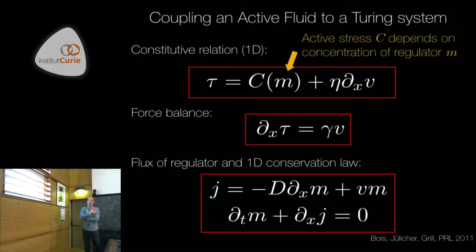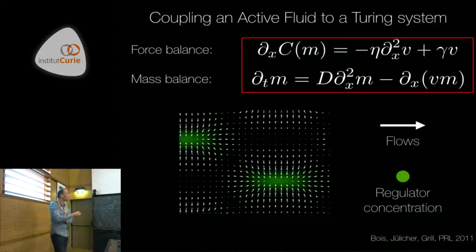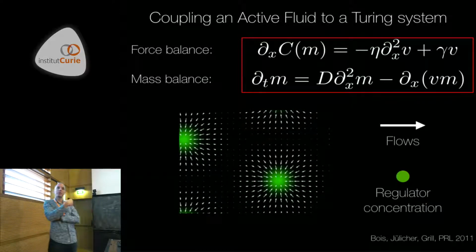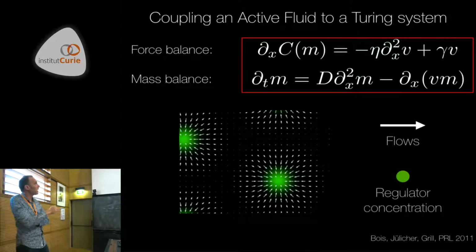In the simplest assumption, you make that a linear relationship, with enough positive feedback in that relation. So if a certain amount of regulator gives rise to enough active stress in the layer, the system becomes spontaneously unstable.